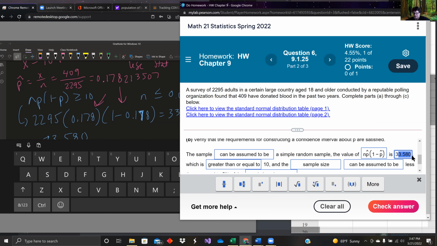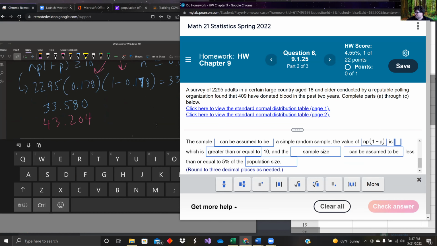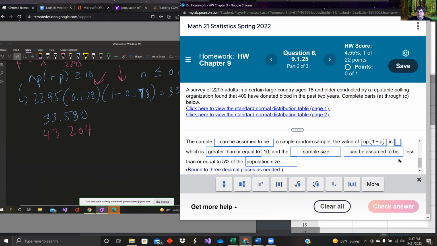And then I want to multiply that times n, and then 1 minus that number. Yeah, 43.204. Look at that. I had the wrong thing. I put the wrong number. I calculated it wrong.